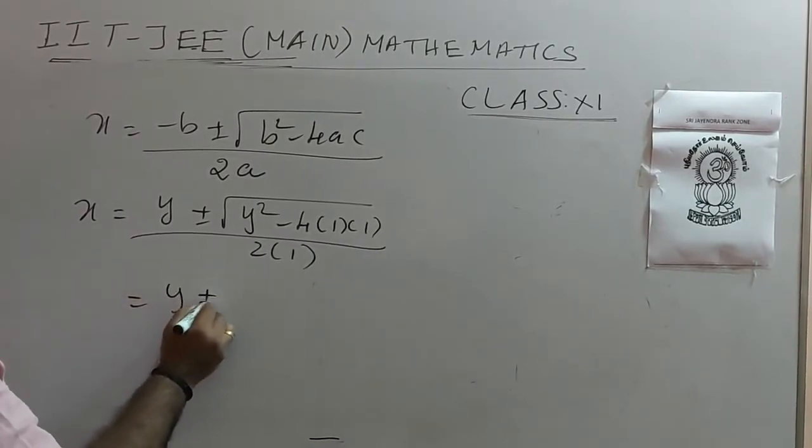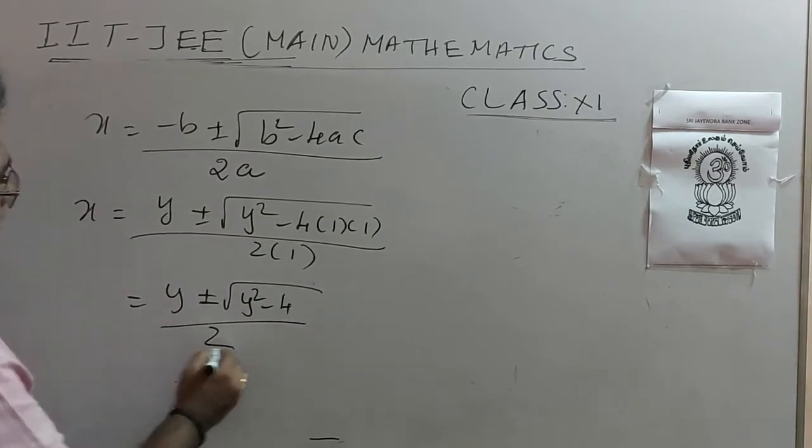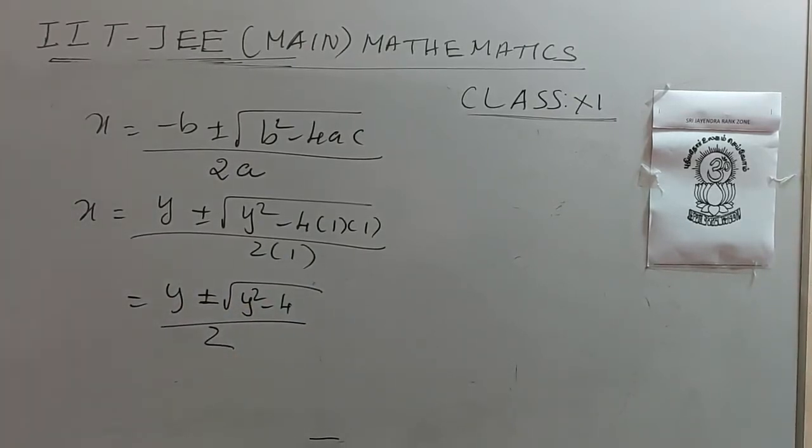So x equals y plus or minus root of y squared minus 4 by 2.